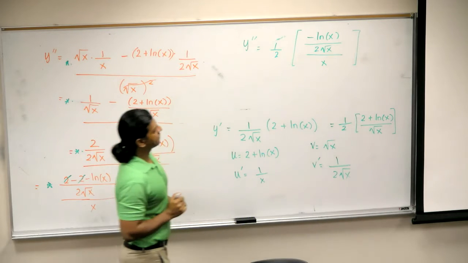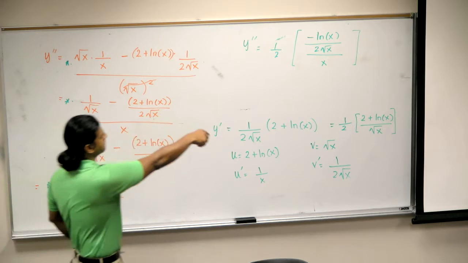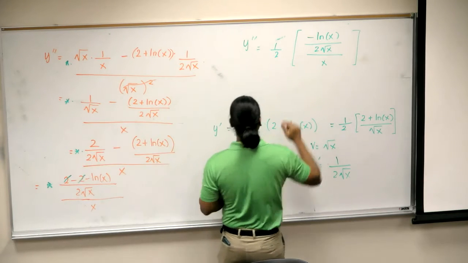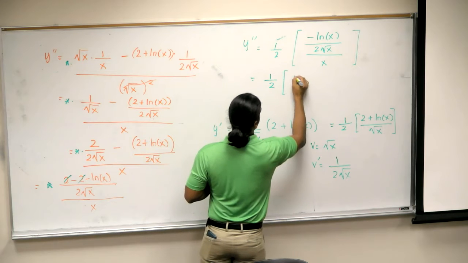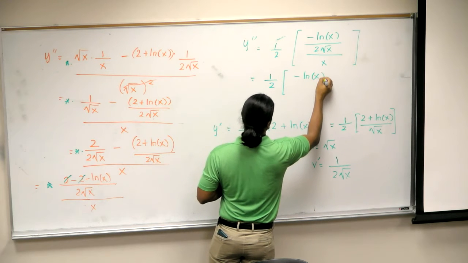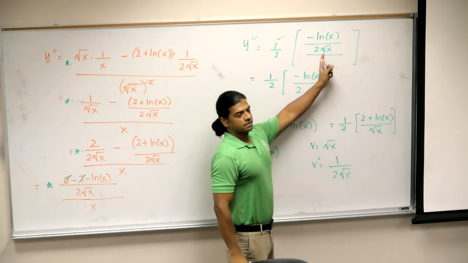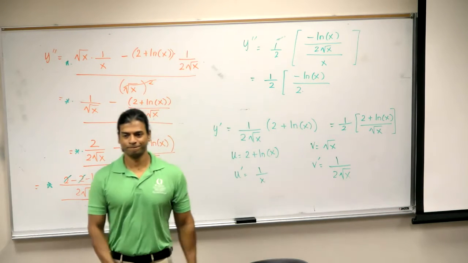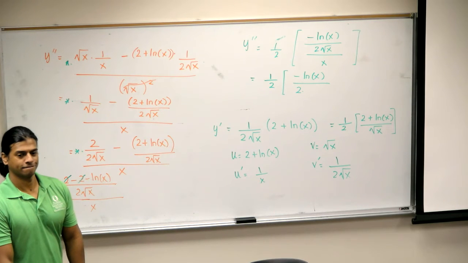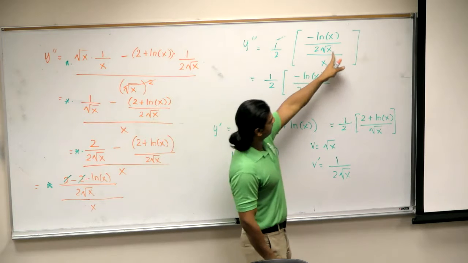Is there a way to rewrite that? How? Right, just multiply the x and that term. Square root of x multiplied by x, what do we get? x. So this is x raised 1/2.